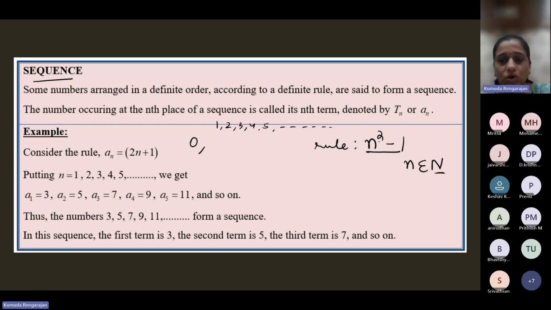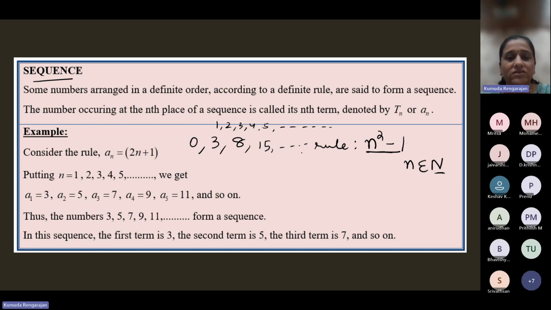When n is 2, 2 square, 4, minus 1, 3. When n is 3, 3 square, 9, minus 1, 8. When n is 4, 4 square, 16, minus 1, 15, and so on. So 0, 3, 8, 15, these numbers are generated using this rule n square minus 1.